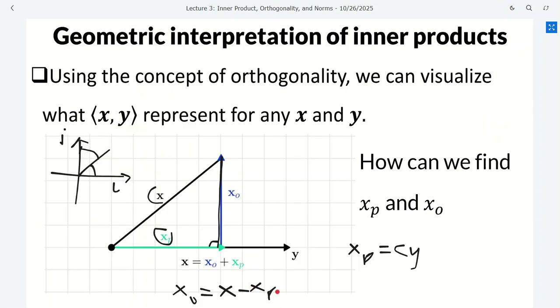So all I have to do is substitution. I replace x naught with this, and my y, which we said is y.